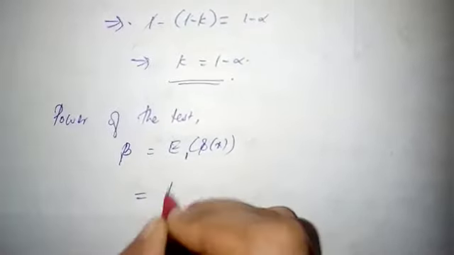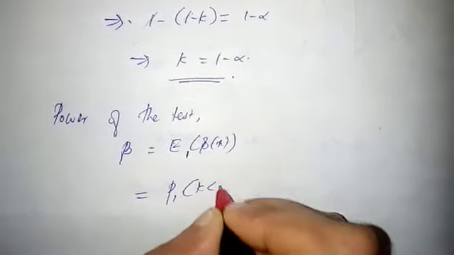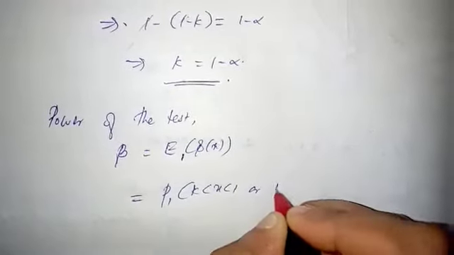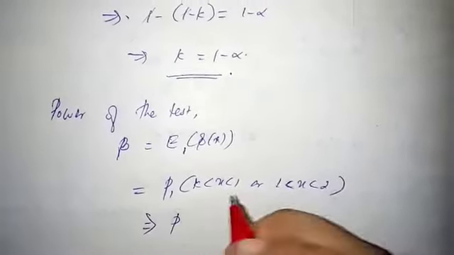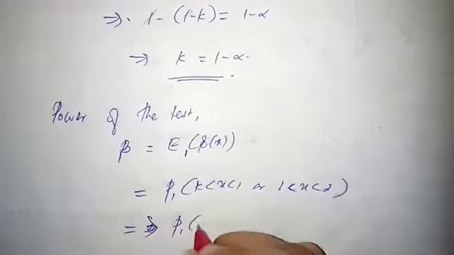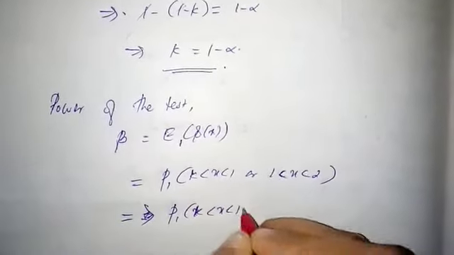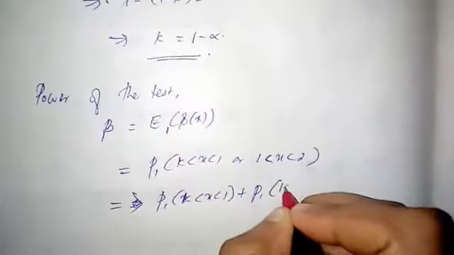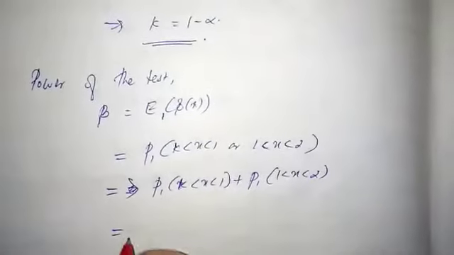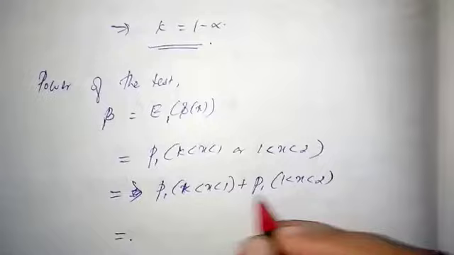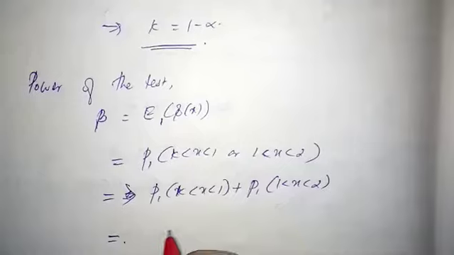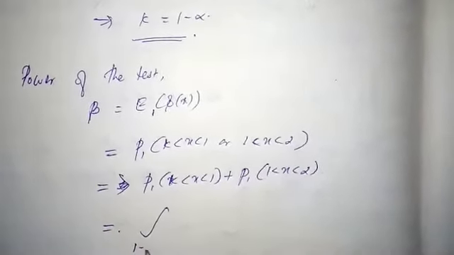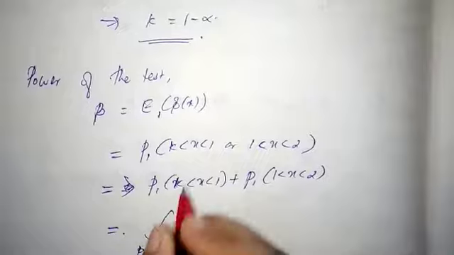So here it's equal to the probability of k less than x less than 1 or 1 less than x less than 2. You can write that as the probability of k less than x less than 1 plus the probability of 1 less than x less than 2. Here we know that the k value is 1 minus alpha.